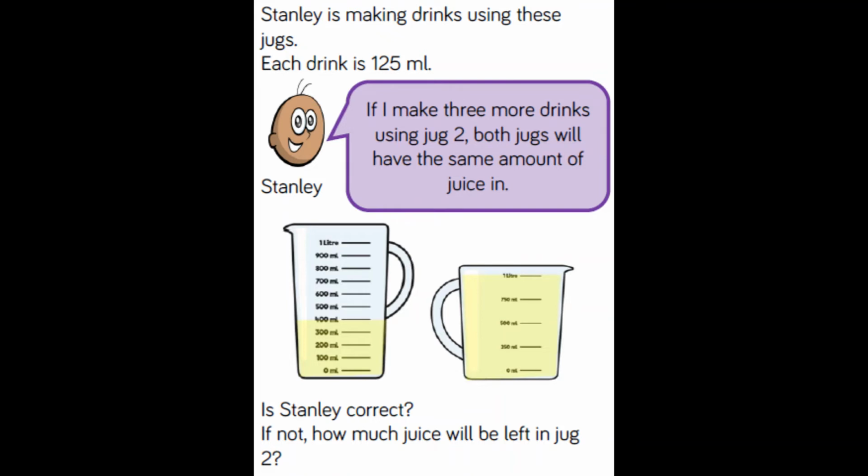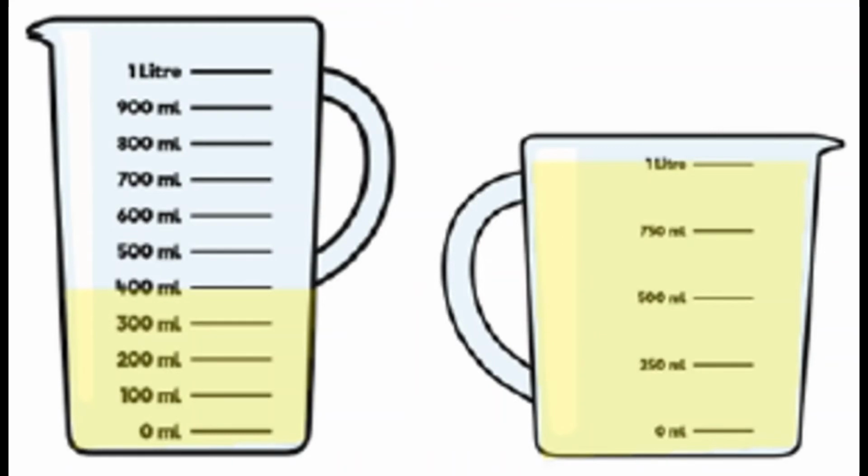So we need to have a look first of all and see what the scales are actually reading at the moment. How much juice is in those jugs. So I'm going to zoom in so you can see. Okay, so I realise it's not the clearest picture, but hopefully you'll be able to see enough to work out the amount of juice that we've got here.